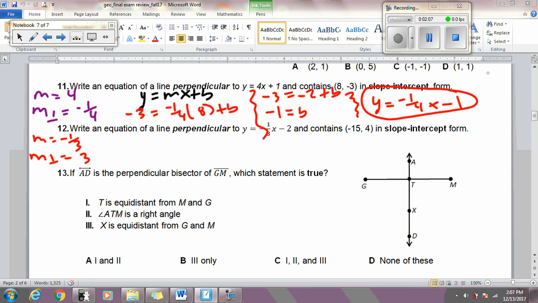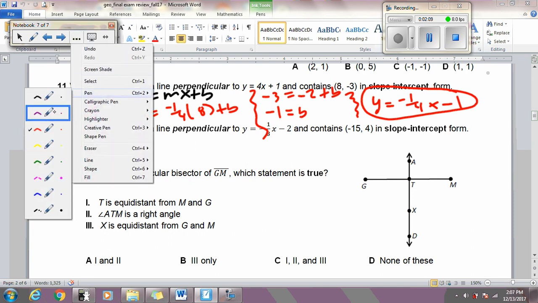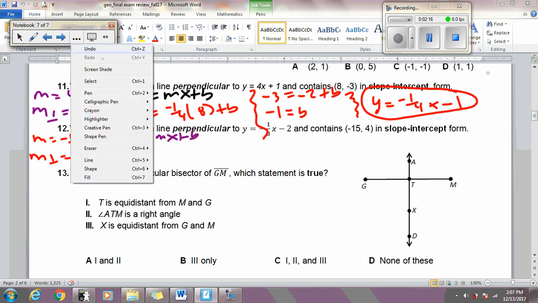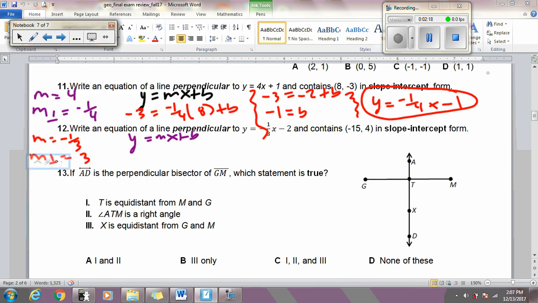So again, I start with y equals mx plus b. This time I'll replace y with 4, m with 3, x with negative 15, and bring down plus b.